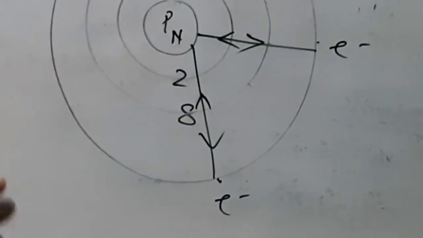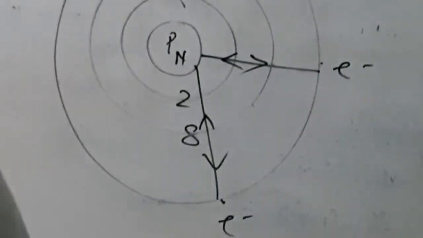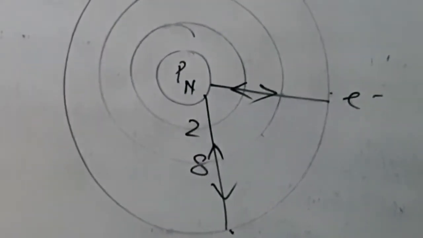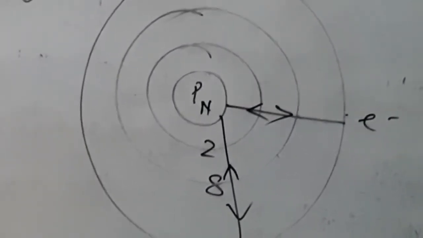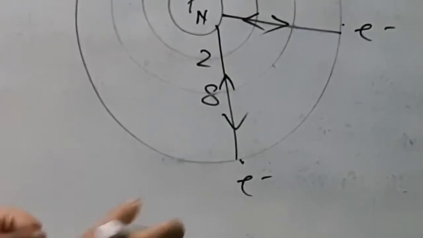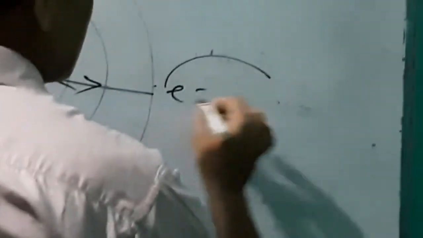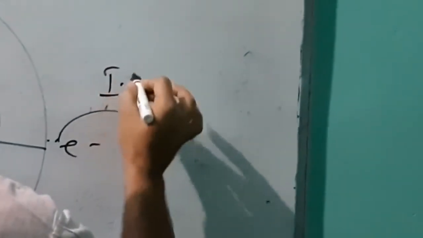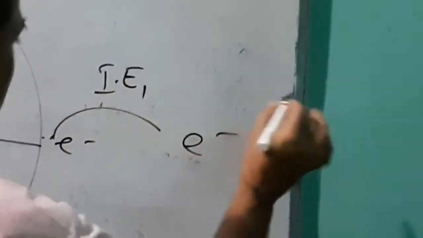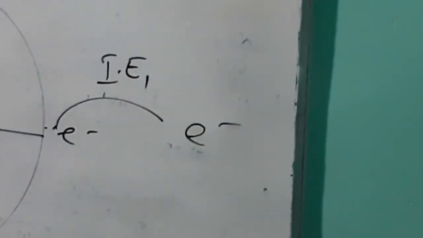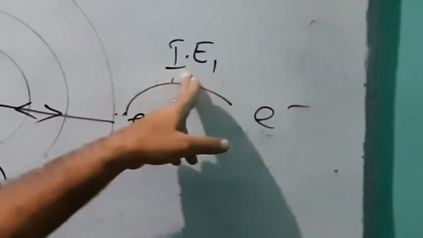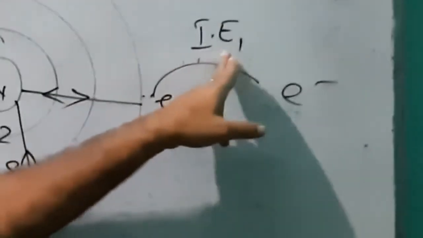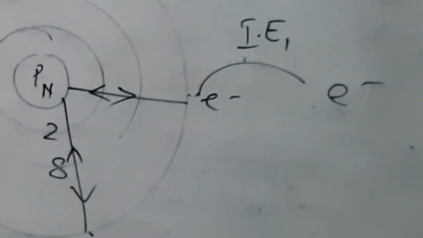So when the number of protons and number of electrons are equal, then these forces are balanced. But when you apply ionization energy, then this electron is removed. The energy involved to lose one electron is called first ionization energy.